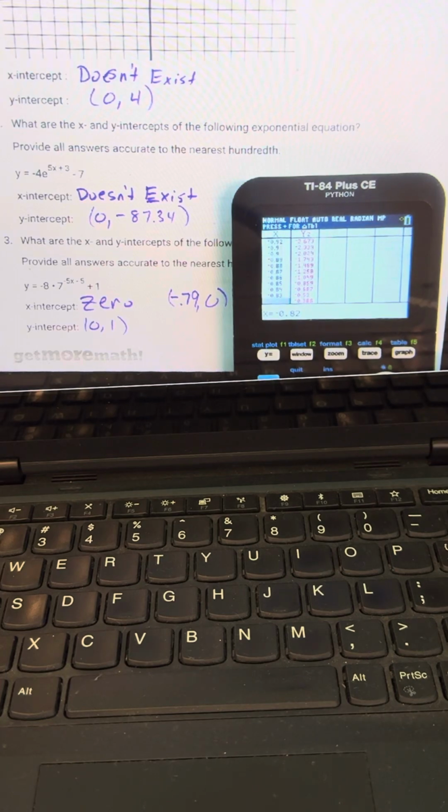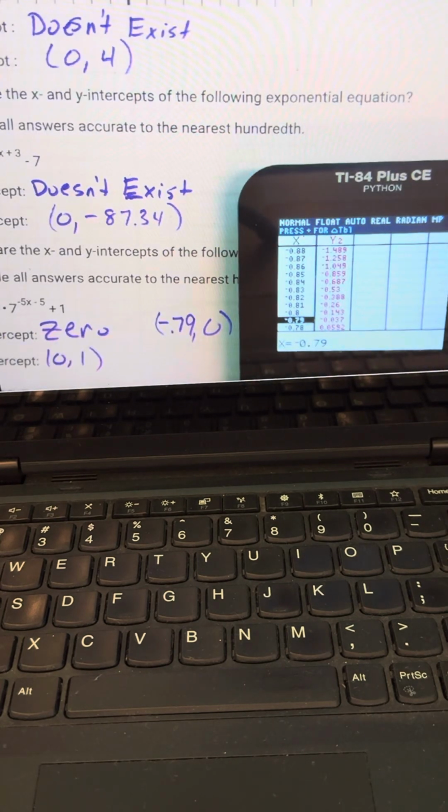So I'm looking for the number closest to 0. And typically we switch from negative to positive. So at negative 0.79 and negative 0.78, you've got basically 5 cents and 4 cents. So then the negative 0.79 is the number closest to 0.